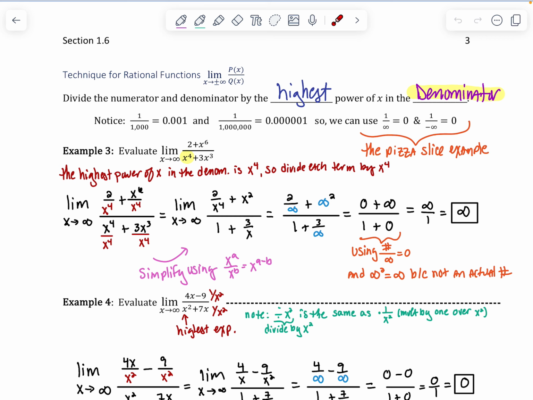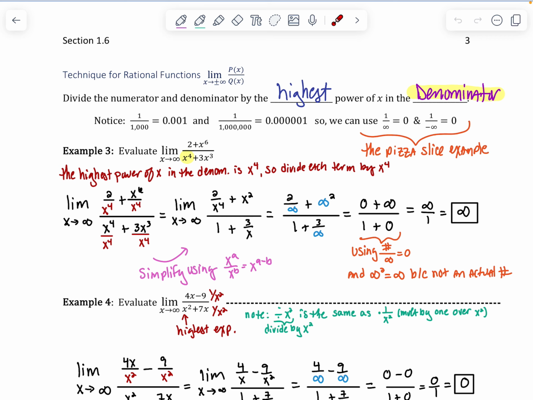Now, next step, I need to simplify where I can. 2 over x to the fourth does not simplify at all, but using the simplification technique of numerator exponents subtracting denominator exponents, I can take this 6 minus 4 and just end up with an x squared, either in the numerator or by itself.